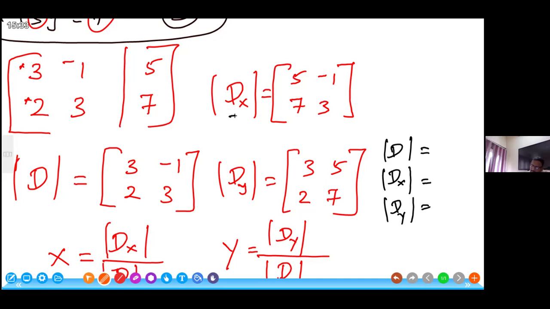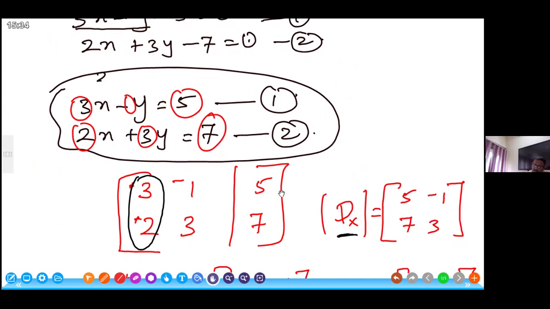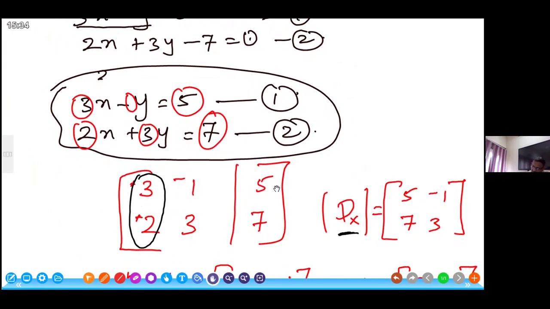I didn't understand, can you explain again? So this is the coefficient of x, isn't it? Look at the equation. 3 and 2 are the coefficients of x, isn't it? This is x, this is y. If you look column wise, this is the x column, this is the y column.